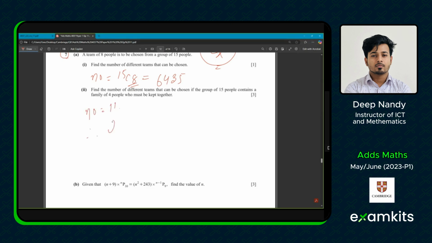So for the teams, 11C4, and we're going to get 11C8.